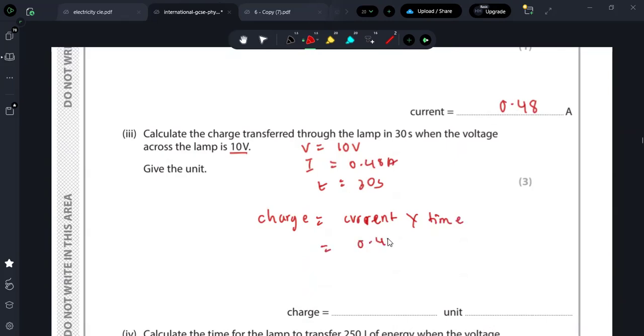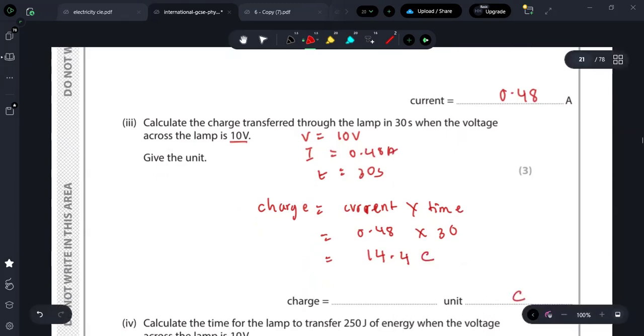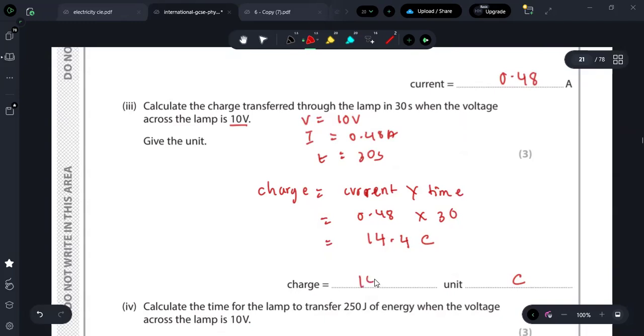Current is 0.48 and time is 30. Always remember to write the formula first and then do the calculation, and always show the calculation. So this should give me 14.4 coulomb, right? Charge's unit is coulomb, and remember to write the unit. So 14.4.